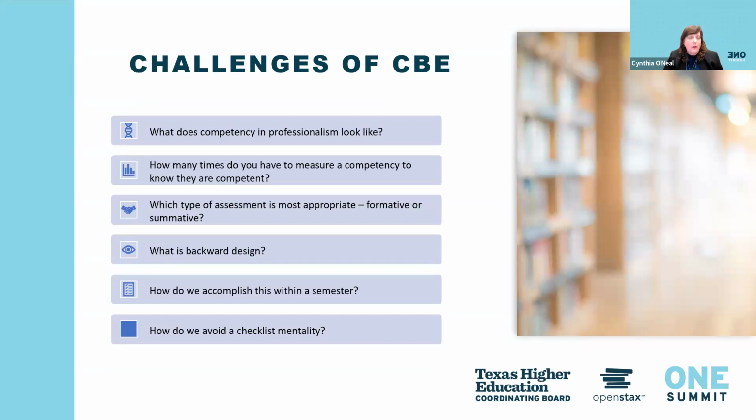So what we expect of an entry-level student in their first or second semester of nursing school is vastly different than what we expect of a student getting ready to graduate, in terms of how they're able to enact any given competency. If we think about doing a health assessment, for instance, we expect a first semester student to be able to do a health assessment, but they may need a checklist and a piece of paper, and they may need to do a history with a patient by asking each individual question.